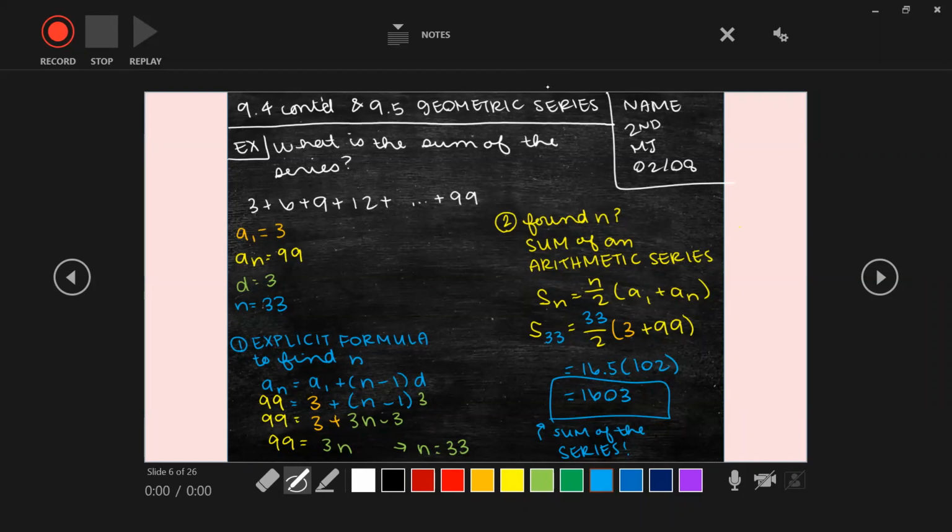Now, if we are going to write this in summation notation, where we have our Riemann sum, I'm starting out at my first term.